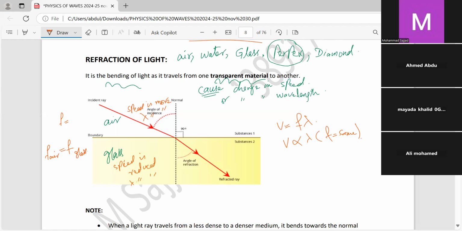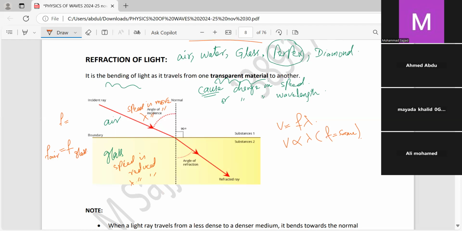But as the light enters the glass, it bends because its speed is reduced, and it bends towards the normal. Speed is reduced as well as the wavelength in glass. But frequency in air is the same as frequency in glass. So speed changes, as a result wavelength changes by the same ratio, but frequency stays the same.